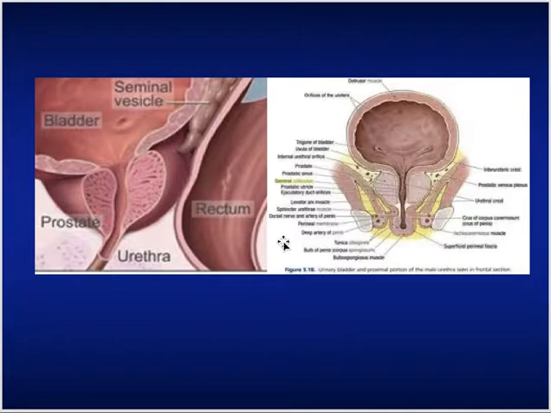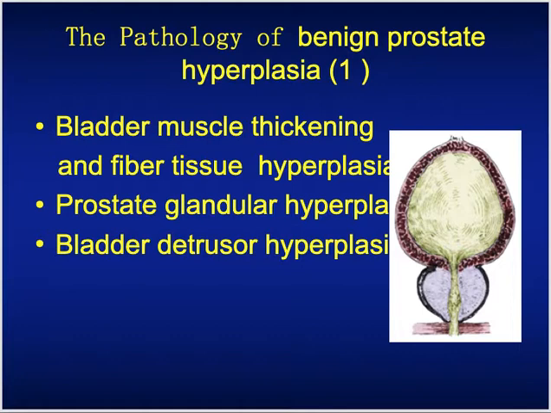So as I told you, it is the transitional zone, the zone around the urethra, where these changes start taking place, and the patient's prostate becomes enlarged. And now, going further, yes, the prostate does have some muscles as well, smooth muscles.